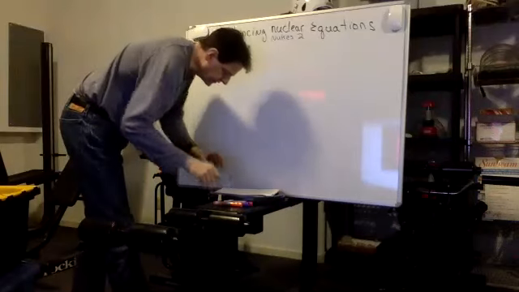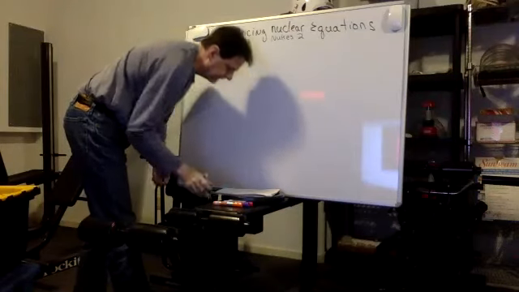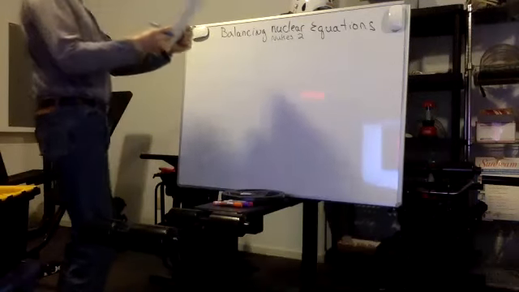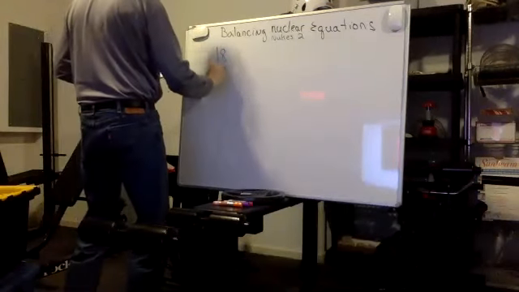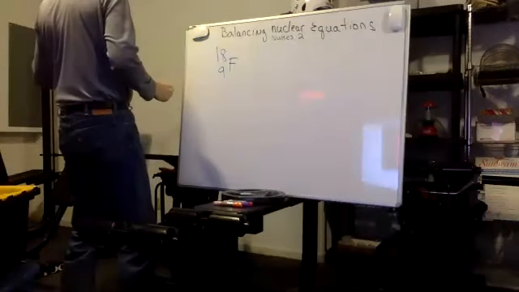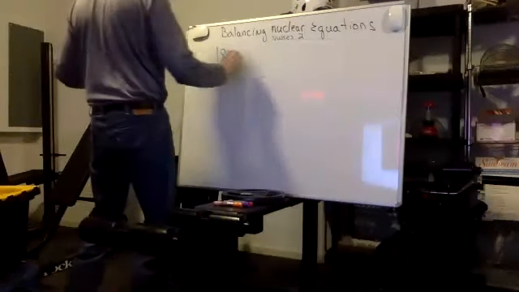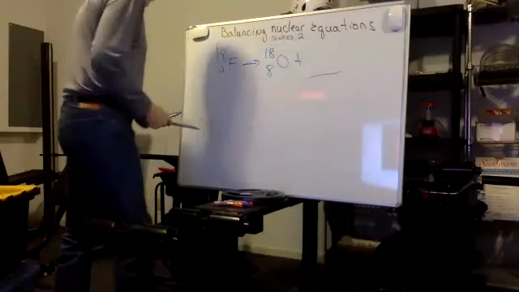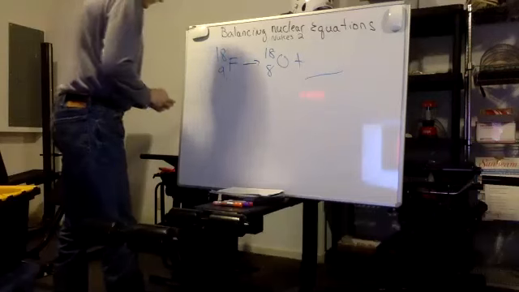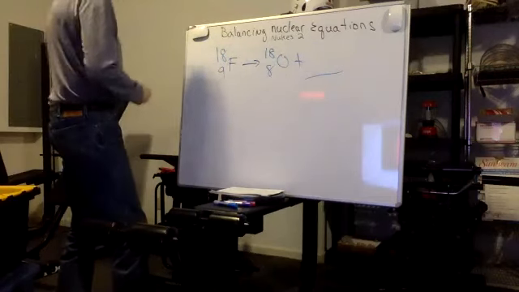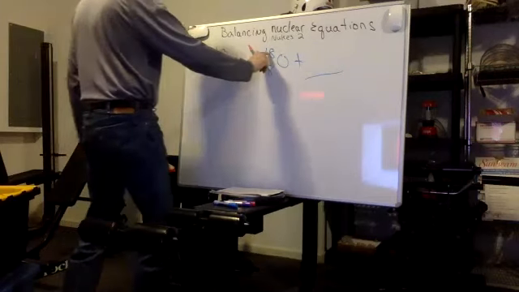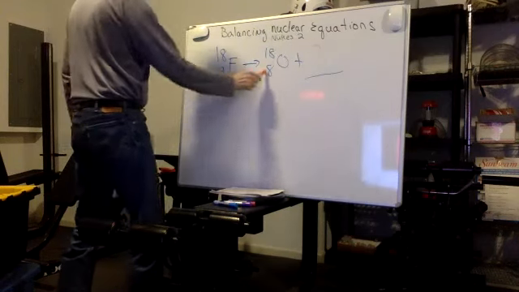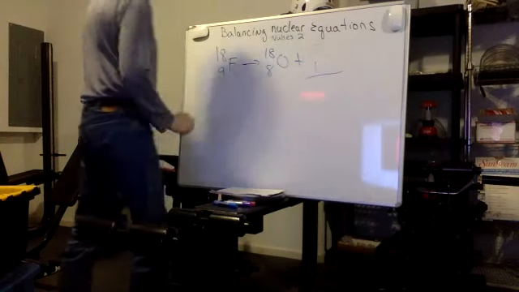Let's keep on chugging here. 32, we got 18-9 fluorine going to 18-8 oxygen and a blank. So we've got 18 slides over, so it's going to be a 0 on top. 9 minus 8 is going to be 1.